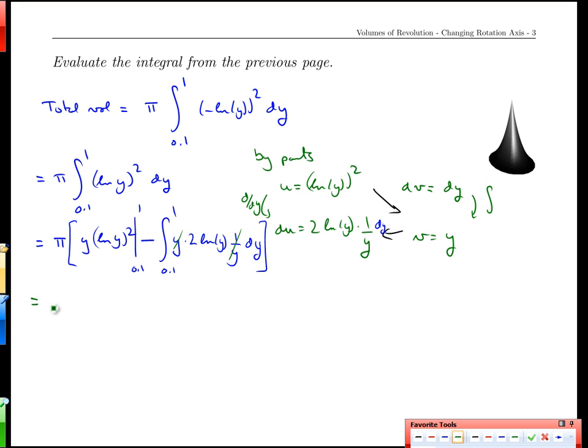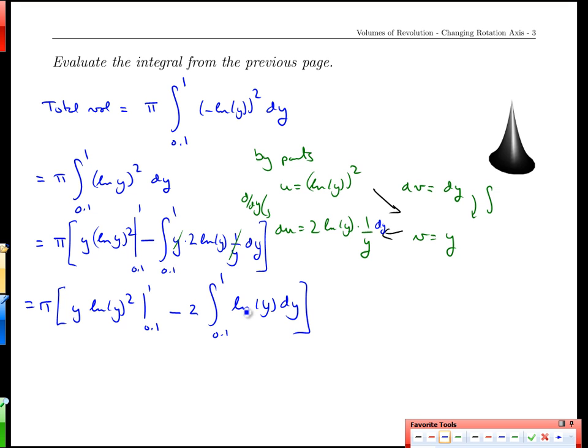Let's simplify it next. We've got pi times y ln of y squared between 1 and 0.1, minus the 2 can come out, and the integral of ln of y dy. Now how do we tackle that integral?